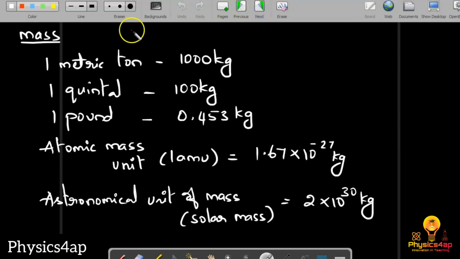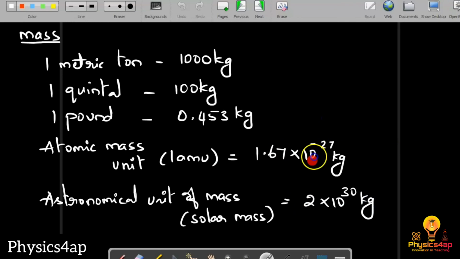And we have some other units for mass: 1 metric ton is equal to 1000 kgs, 1 quintal is 100 kgs, 1 pound is 0.453 kgs, and atomic mass unit, that is the mass of an atom, 1.67 into 10 to the power of minus 27 kilogram, and astronomical unit of mass, that is solar mass, the mass of the sun, 2 into 10 to the power of 30 kilogram.